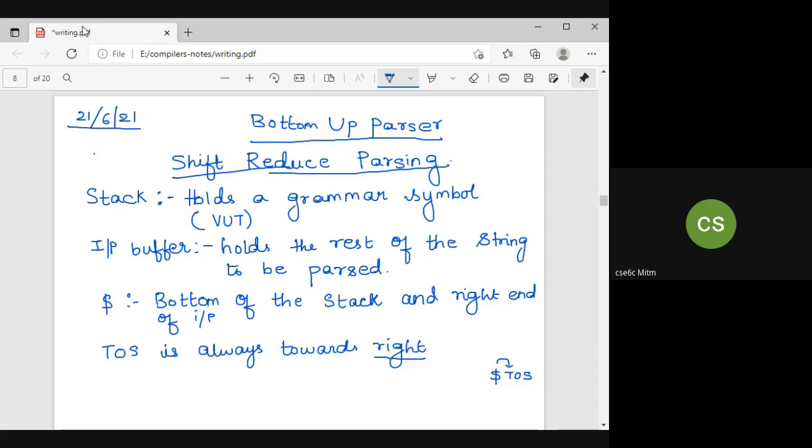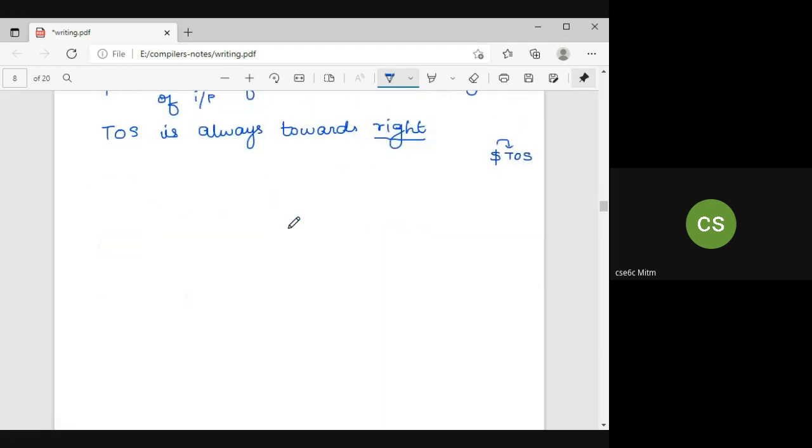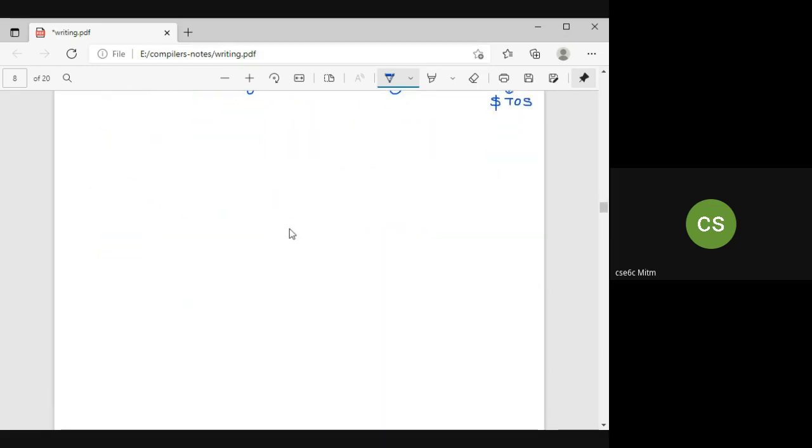Next, the shift reduce parser starts with an initial configuration where the stack content is dollar and the input has the entire input string terminated by the dollar.